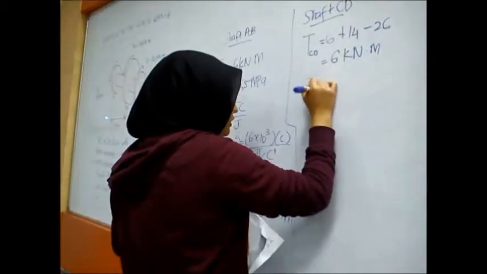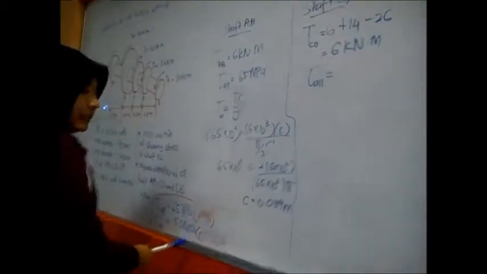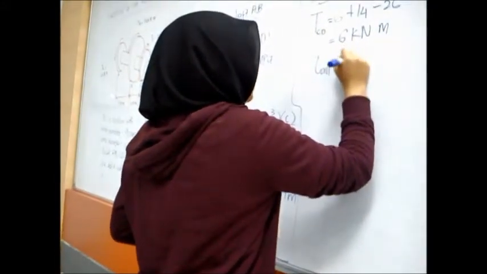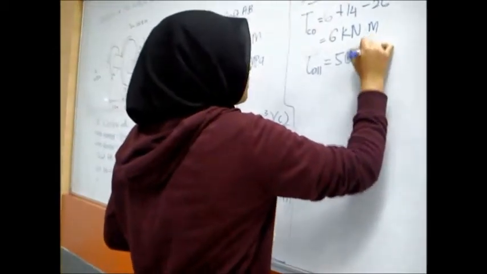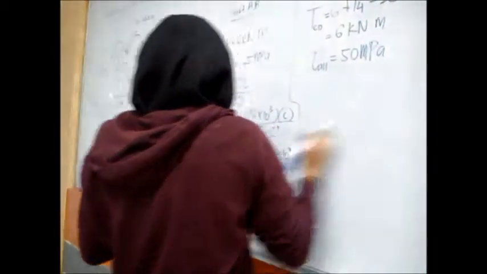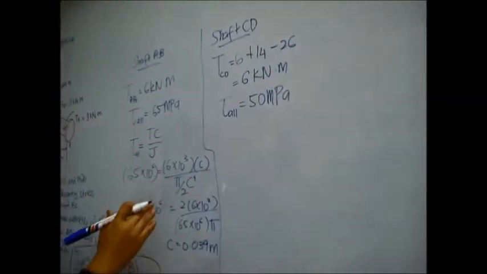Then it gives the allowable shear for shaft CD as 50 megapascal. And then the same solution as shaft AB.